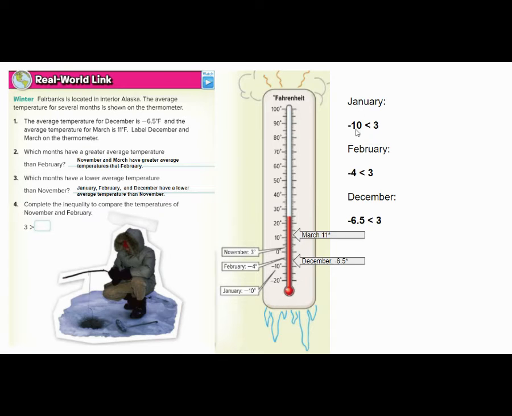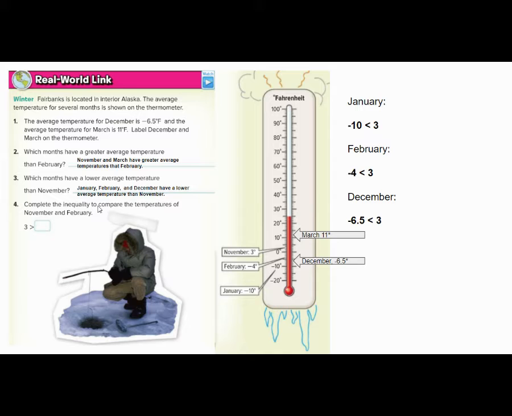So January's, we have negative 10 degrees is, of course, less than 3. Negative 4 degrees for February is also less than the 3 for November because it's further down on the thermometer. And December is negative 6.5 degrees, and it is less than the 3 degrees. It is lower on our number line, which is our thermometer.